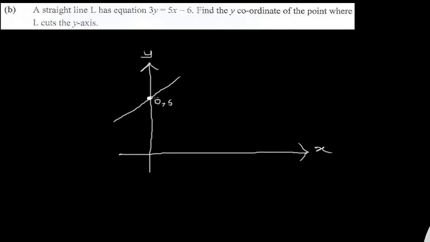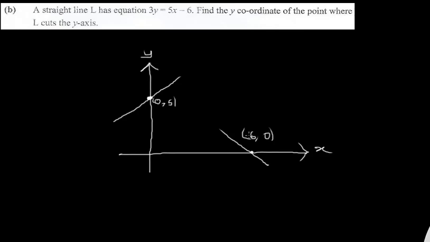So this could be 0, 5, right? Makes sense. Its x-coordinate is 0 and its y-coordinate is 5. If a line cuts the x-axis, it means its y-coordinate is 0, its x-coordinate is a certain value. So this could be 6, 0.